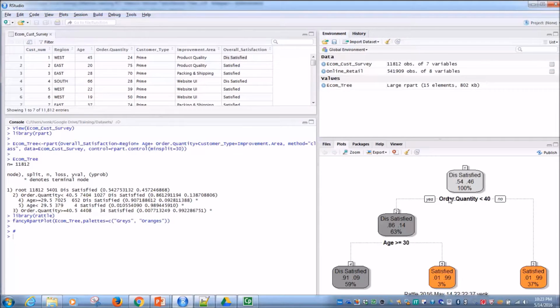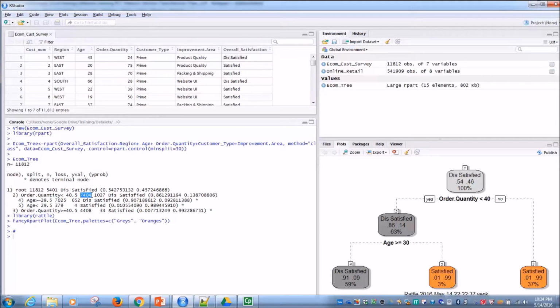When order quantity is less than 40, yes, then we have to come to the left hand side. When order quantity is less than 40.5 actually, there are 7,000 such customers where order quantity is less than 40.5.